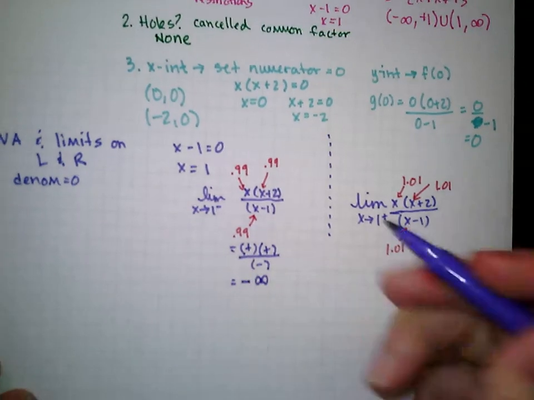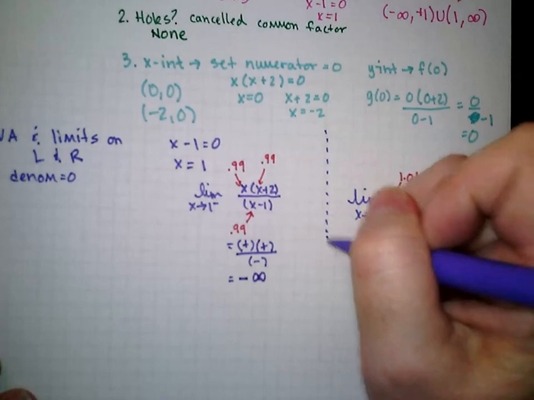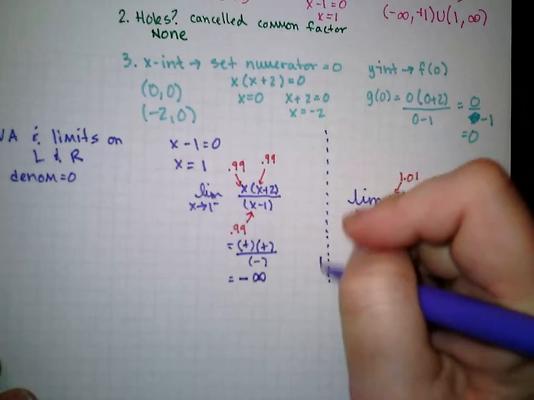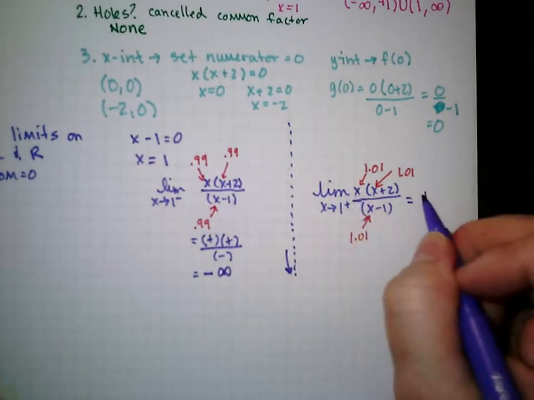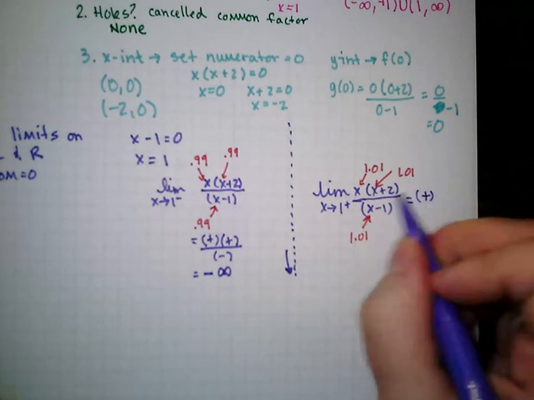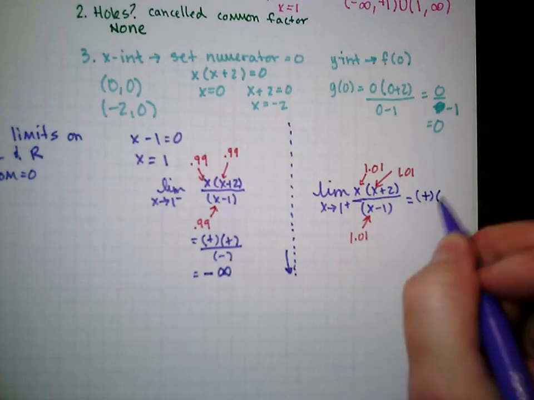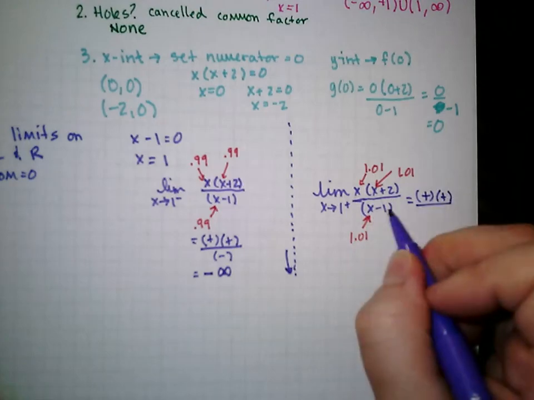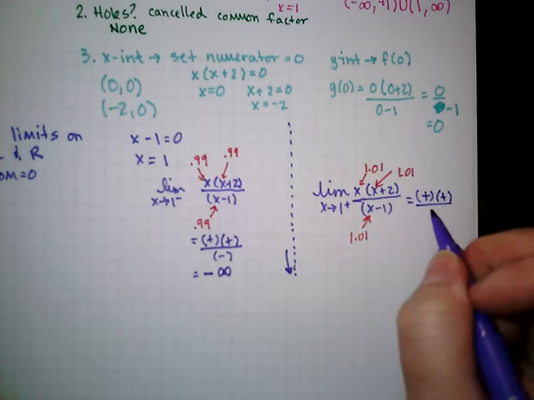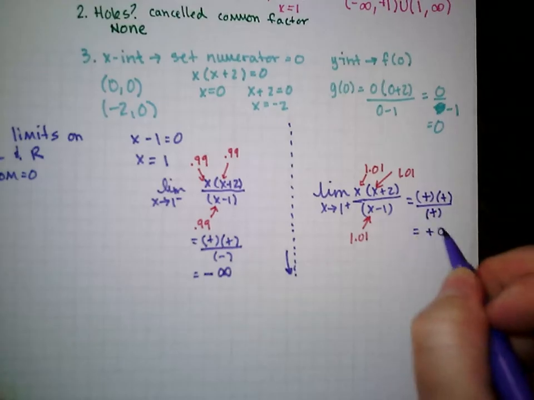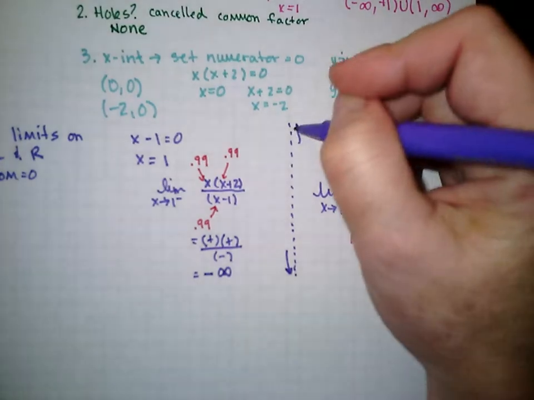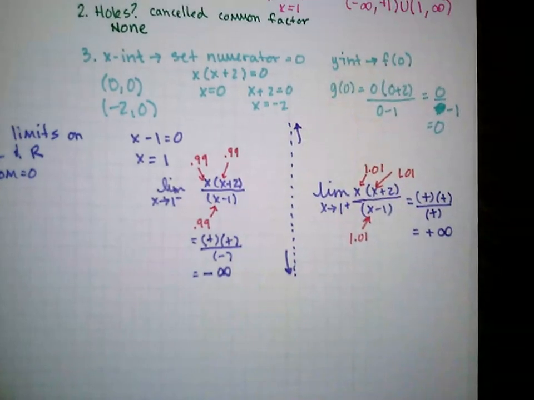So that's headed to negative infinity. So on the left side of my asymptote, the function is going to be down. On the right side, this x value is going to be positive because it's 1.01. X plus 2 will be positive, and x minus 1, 1.01 minus 1, is also positive. So on the right side, my graph is headed towards positive infinity.